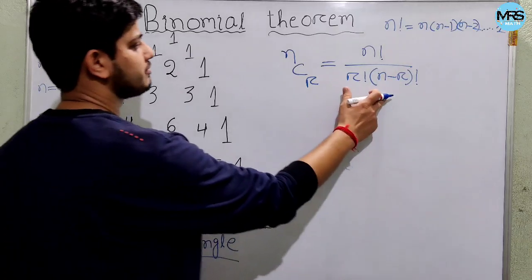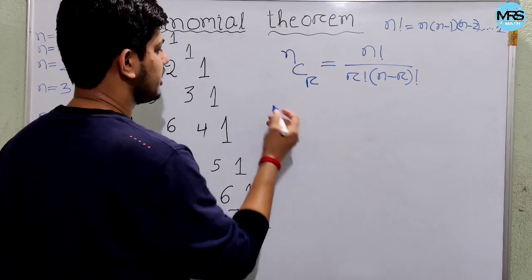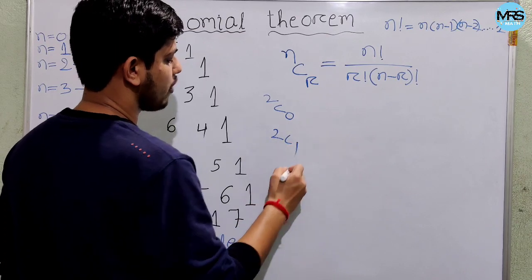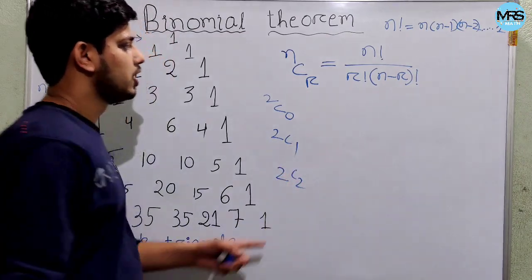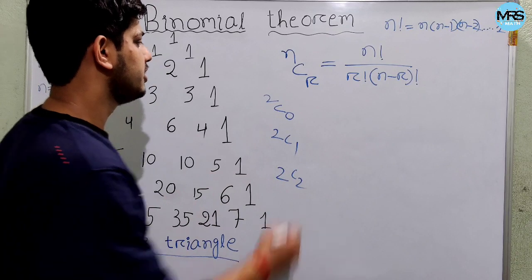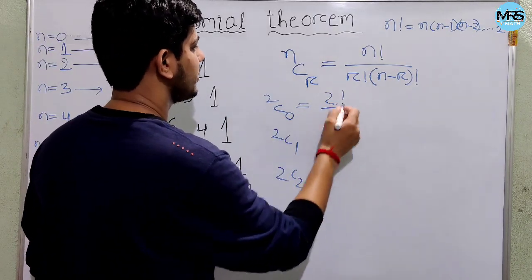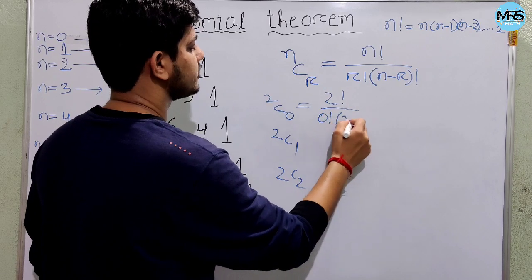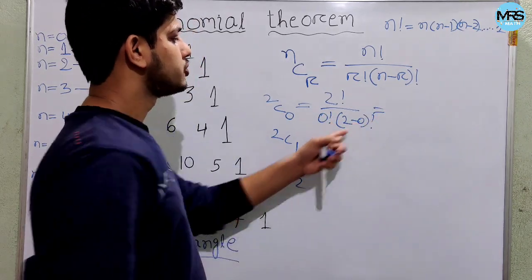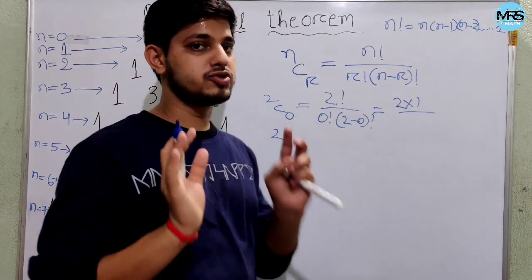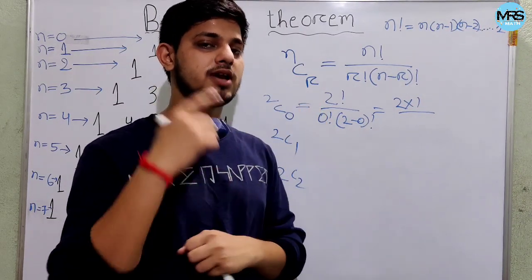If you understood this formula, then calculate 2C0, 2C1 and 2C2. 2C0 is 2 factorial over 0 factorial into (2 minus 0) factorial, that is 2 into 1 over 1. You should remember that 0 factorial is not 0; 0 factorial is 1.